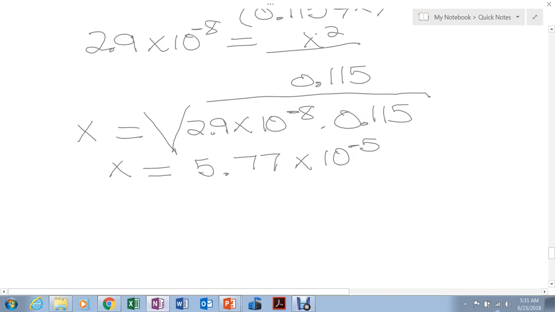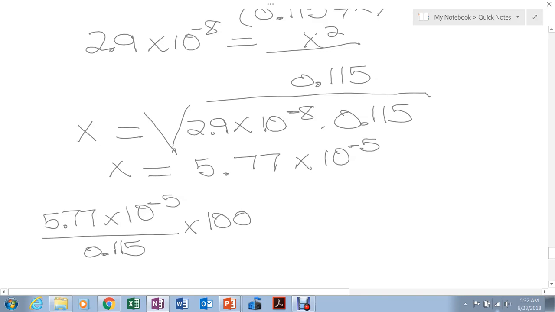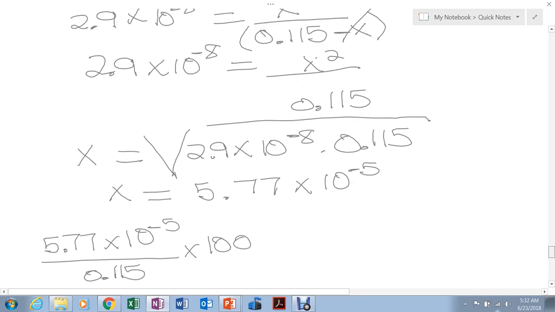And of course, if you check the drop in the term, you put 5.77 times 10 to the negative 5 divided by 0.115 times 100. Forget it. This already, you know, is less than 5%. I'm double checking, but you know.